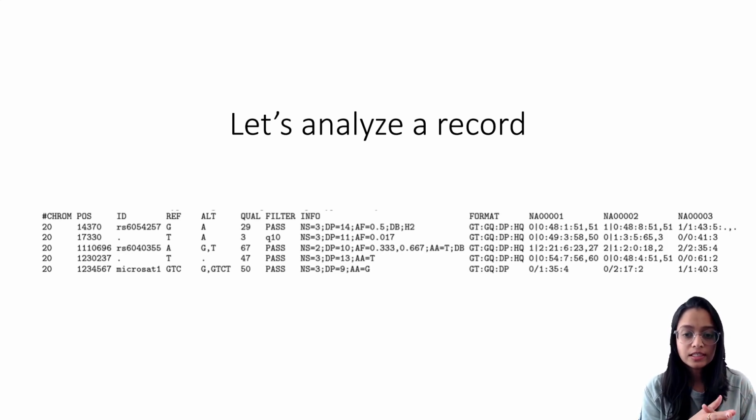The reference allele at the position is a G, and the variant allele has a base A at this position. This variant passes all filters, and there are 3 samples investigated with a total depth across all 3 samples of 14 reads, and the allele frequency of the alternate allele in these samples is 0.5.